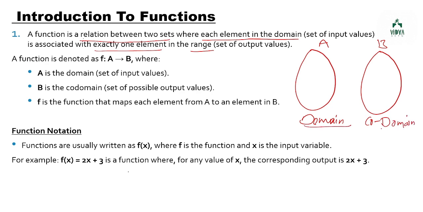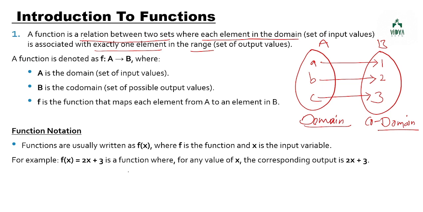Let's say we have A, B, C and 1, 2, 3. If each element in the domain is associated with exactly one element of the codomain, that is called a function.